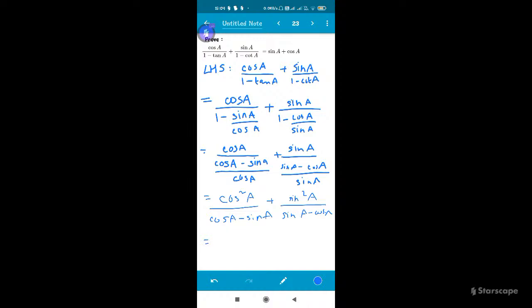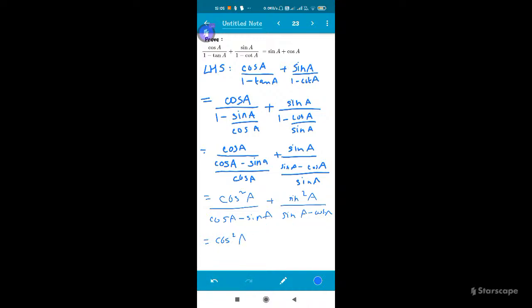Now as we see in the denominator, we have cos A minus sin A here, but out here we have sin A minus cos A. We have done a similar question previously. In order to make it equal, we can take minus common from this expression, and hence that minus will replace this plus sign, isn't it? We have done it yesterday. So let's write it in that manner.